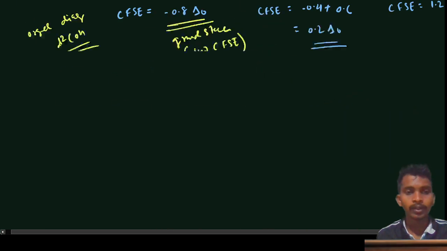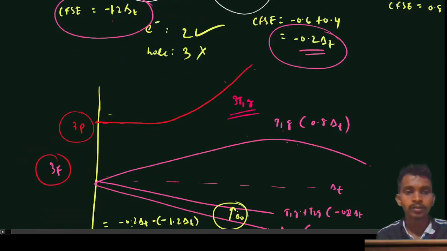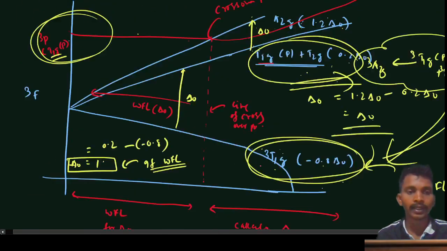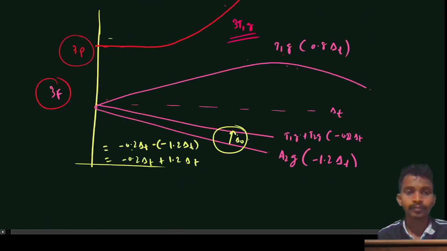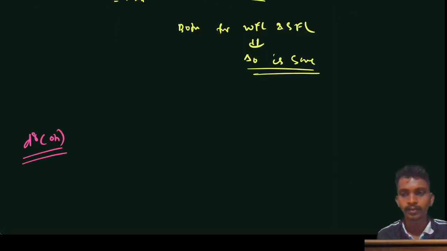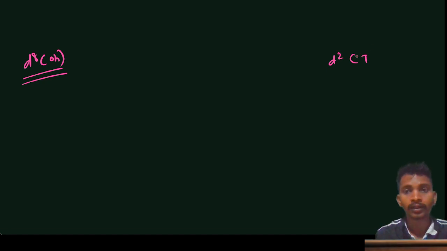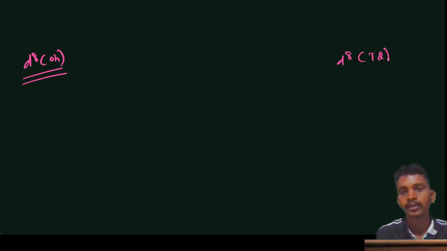Okay, so we have completed D2 for both octahedral and tetrahedral. Now we'll go for D8 octahedral and tetrahedral. For both cases we will look at octahedral, and I will draw here also D2, so D8 tetrahedral. So for D8 we will fill the electrons.